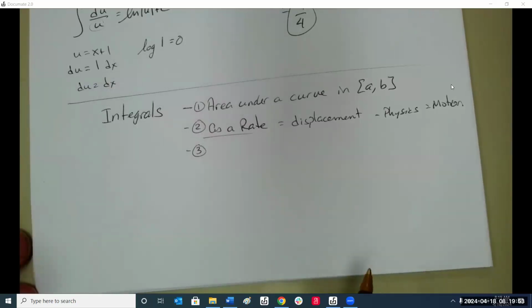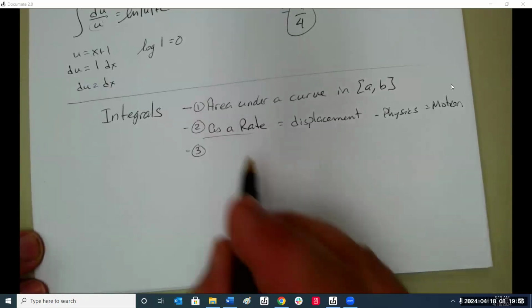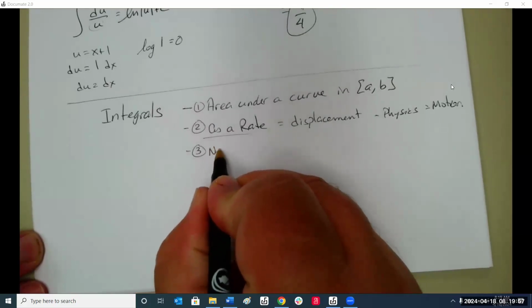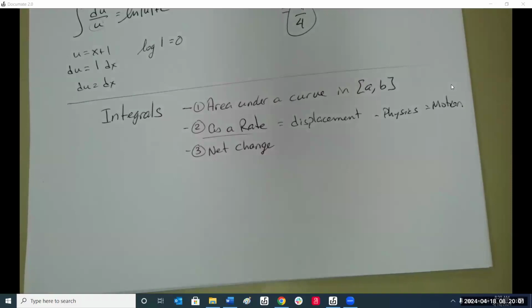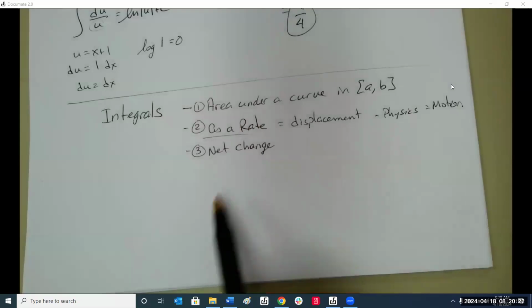Anytime you have a motion problem. The last one we look at is what we call net change. This is typically in a business or economic sense: what is the net change of our profit margin or our productivity level or customer base? That's what we'll look at there.